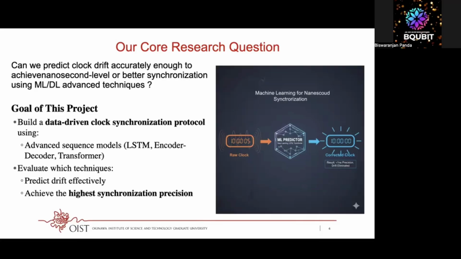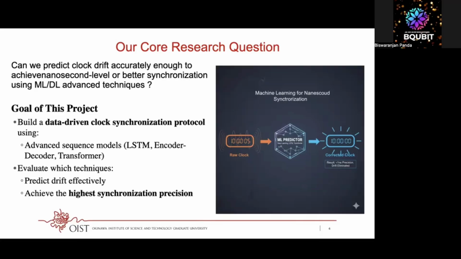So the goal is, as we don't have any data set, we'll generate our data set by using physics equations. I mean, considering the temperature and frequency, by using some equations we can create our data set.